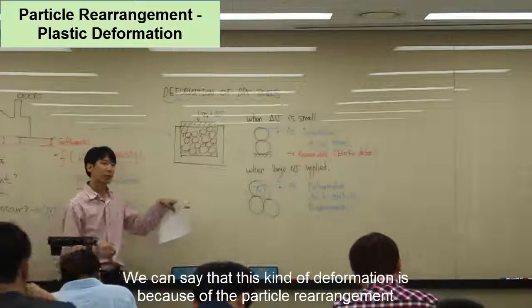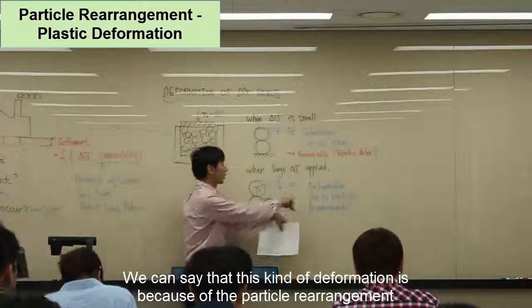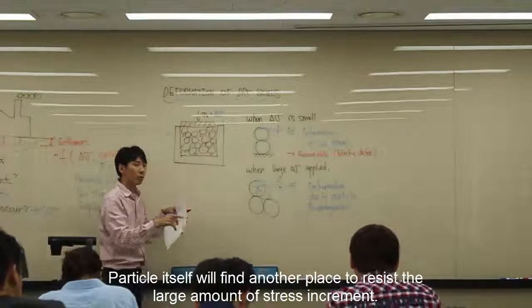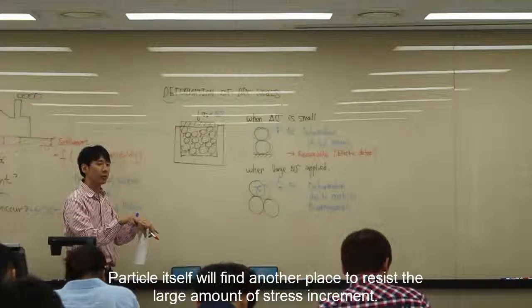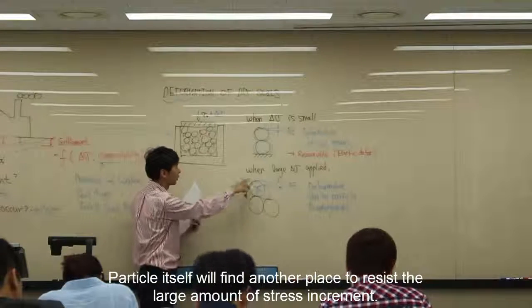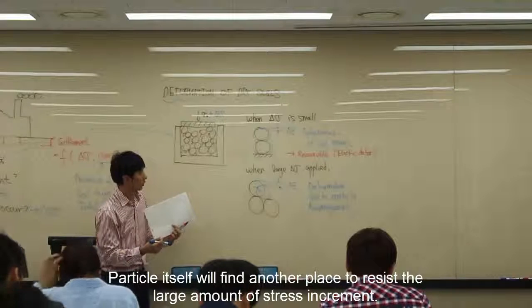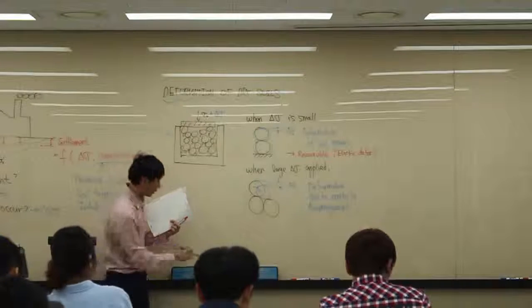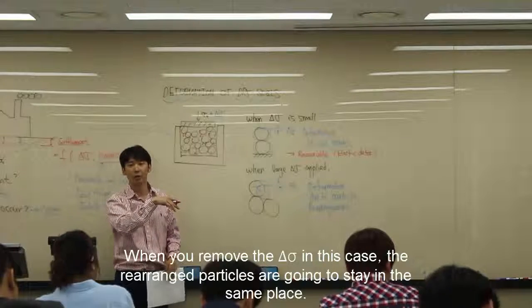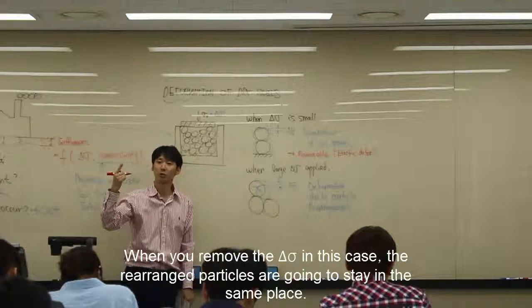We say that this kind of deformation is because of particle rearrangement. The particles themselves will find another place to be able to reduce the large stress increment. And when you remove this delta sigma, in this case, does it go back to the original position?